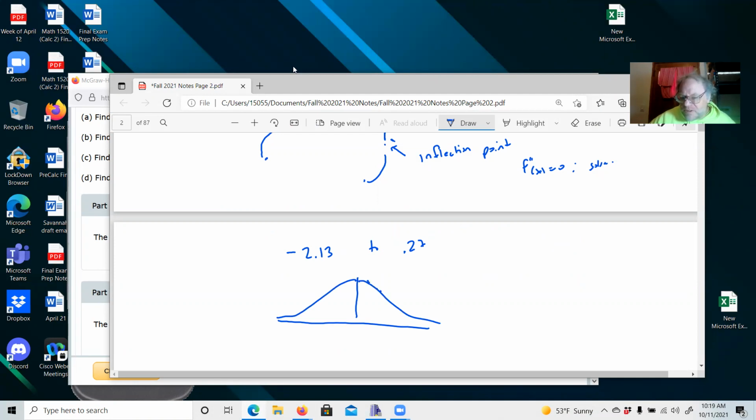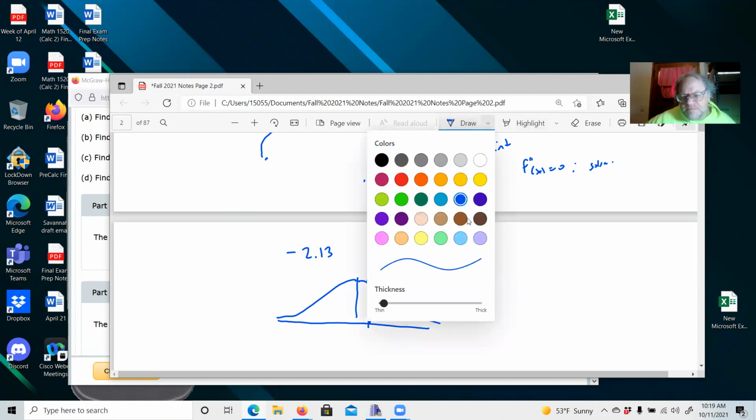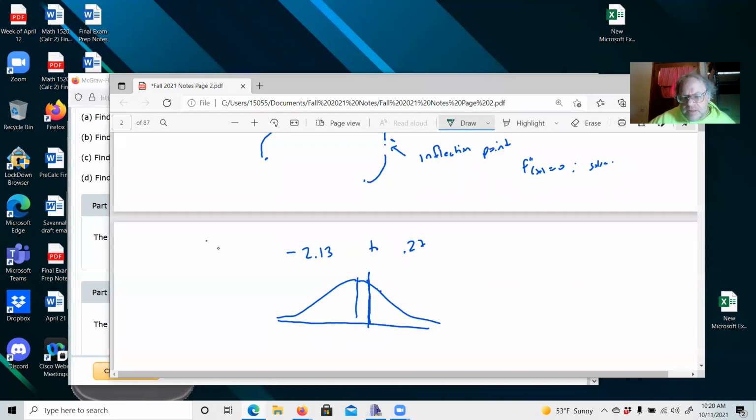So we're going to go 0.27, about a quarter of the way. All right. I should probably just use a different color. If you're blue-green colorblind, I'm sorry. But there's 1, there's about 2-ish. So -2.13. This is 0.27. Okay. And what we're doing is trying to figure out that area.